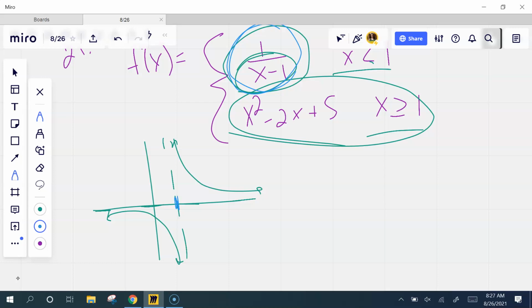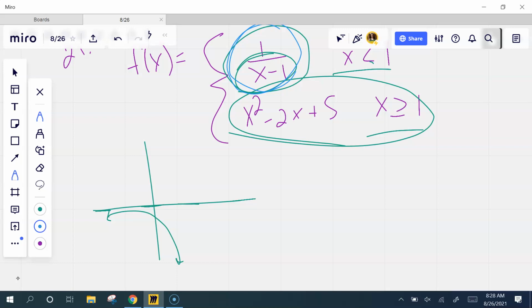Essentially, I want to erase any part of the graph that's not less than 1, because this tells me x has got to be less than 1. So I'm just going to erase this because x has to be less than 1. Does that make sense? No other part of the graph applies because my domain has been restricted. That's all they're doing, restricting domains. They're cutting it off and telling you to only use this piece of the function.